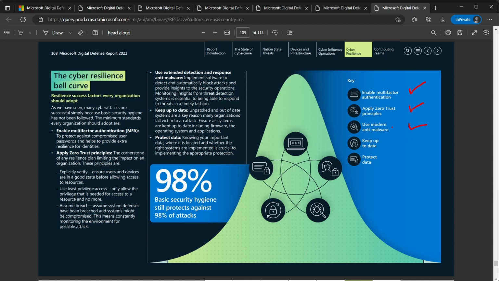Always, again, assuming breach, and looking back to your zero trust principles. Keeping up to date, naturally, one of the fundamental recommendations there for everyone. And lastly, protecting data, right? So protecting data is providing yourself with effective information protection controls.